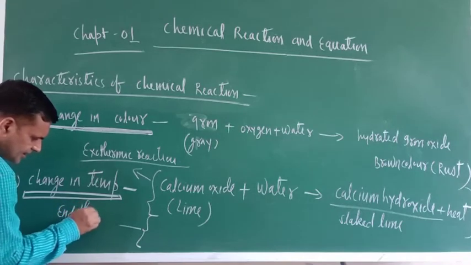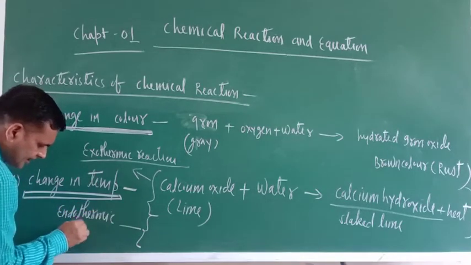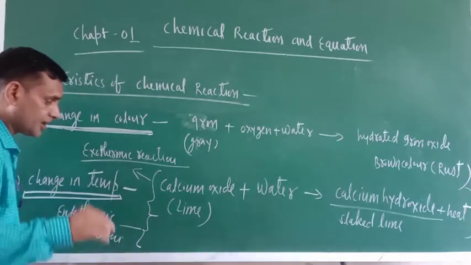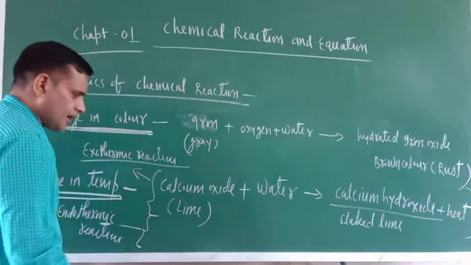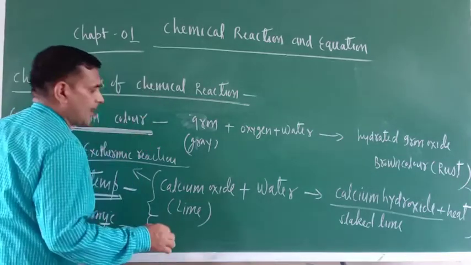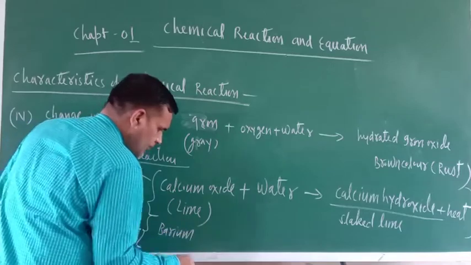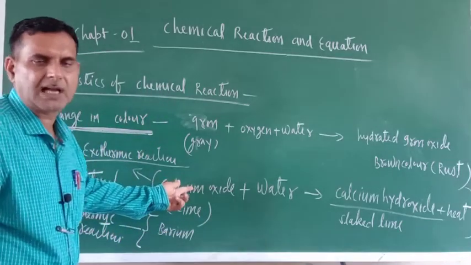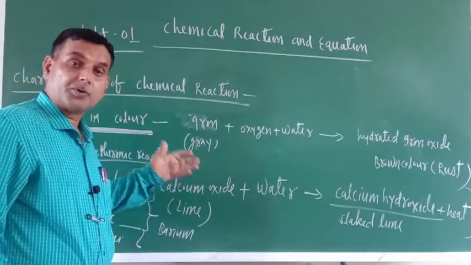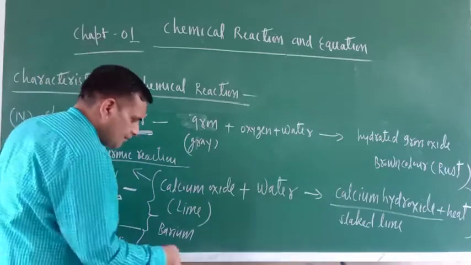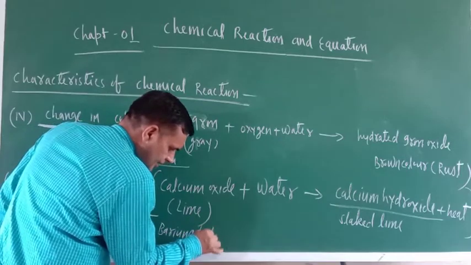What is the meaning of endothermic reaction? Heat should be absorbed. You might have heard about barium hydroxide. Don't worry, you will come to know its formula also. Since I have not taught you chemical equations, I am writing the word equation here.